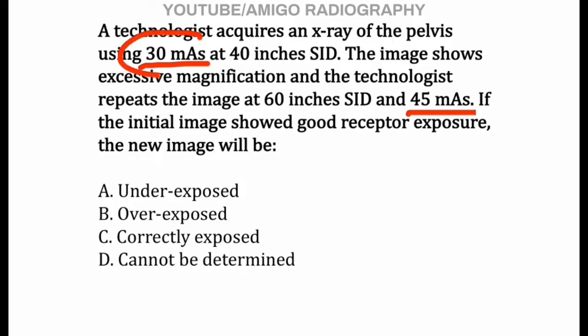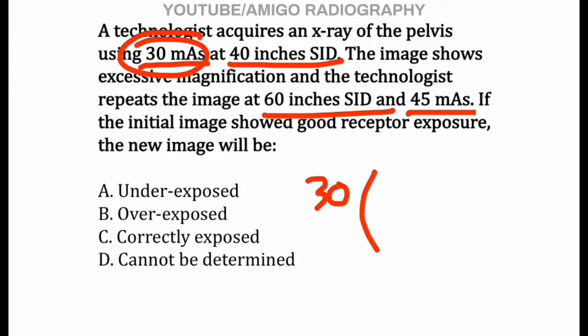The initial mAs was 30, the initial SID was 40, the next SID was 60. So we take our initial mAs of 30, we multiply that by our squared distances. We know that our SID is increasing, so the mAs has to increase.